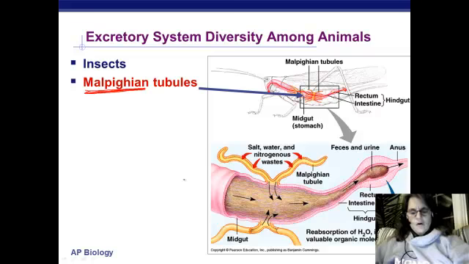Now, we are zooming in on this gut in the picture down here, and what we see are these little ribbons of tissue, little tubes of tissue, but close-ended tubes, extending off of the gut.